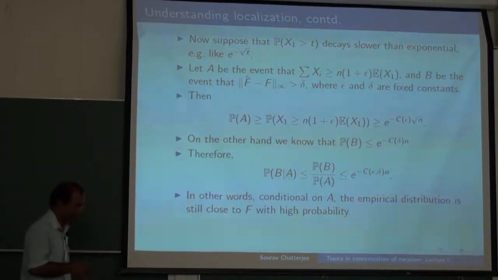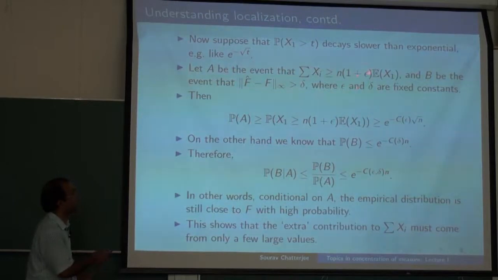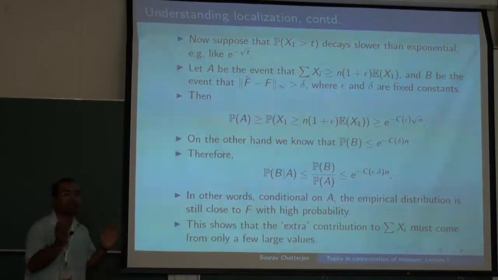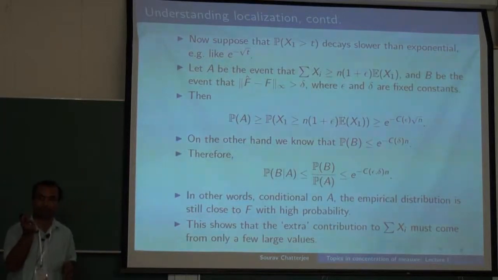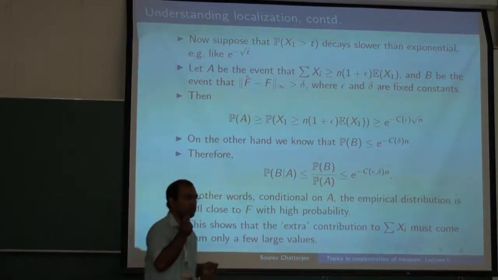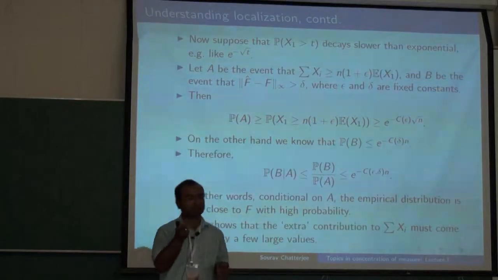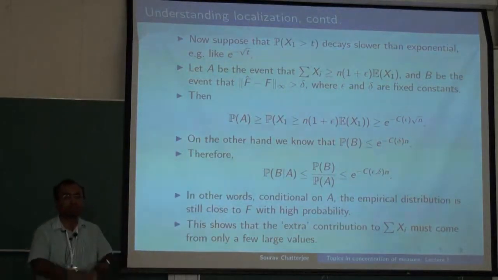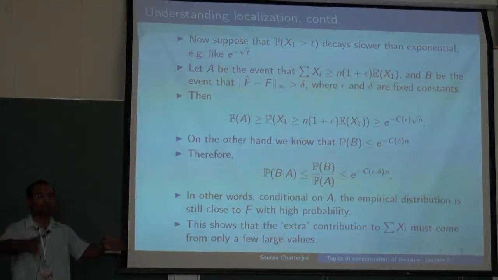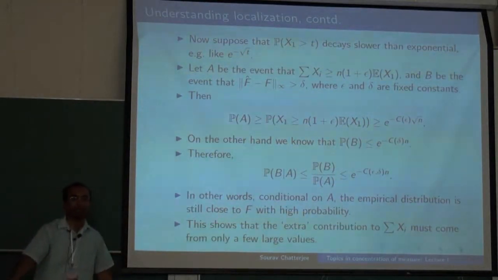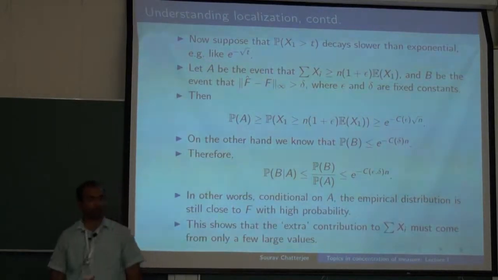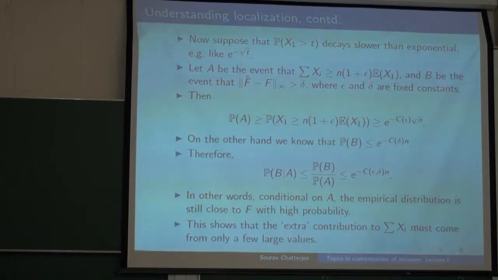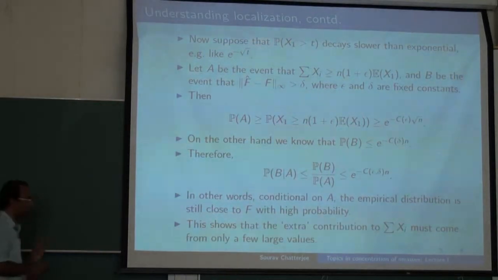The only way this can happen is that the extra contribution to this sum, this epsilon times the expected value of x1, must come from a small set of values, because most of the others, if you draw the histogram, look as if they were distributed like the original F. Any distribution where the decay is slower than exponential will have this phenomenon. So this is localization.